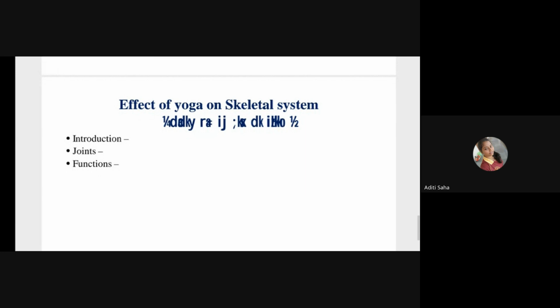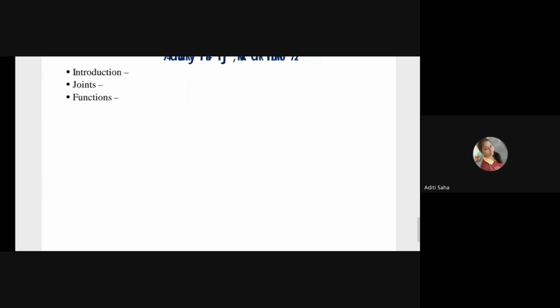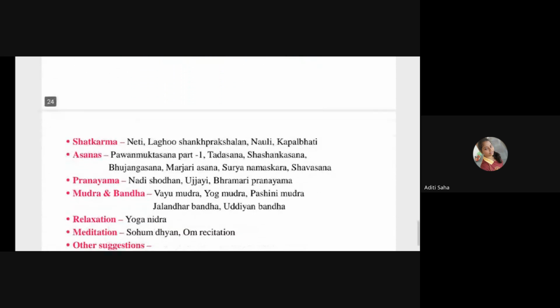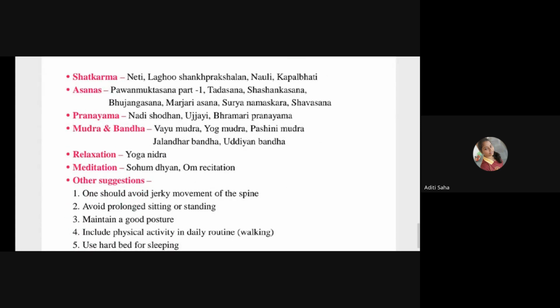Effect of yoga on skeletal system. So, have I put this in this slide, or has it just come by mistake? Is anything present just below this slide? Okay. So these are very general. We don't need to learn all this. Okay, if you want, you can learn.